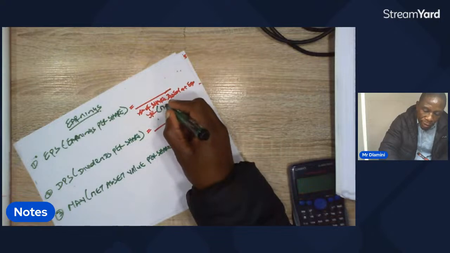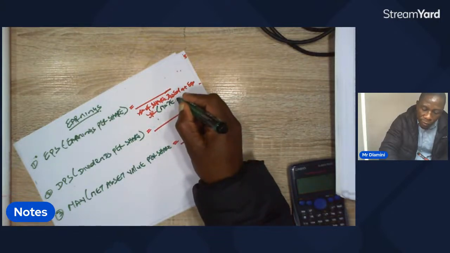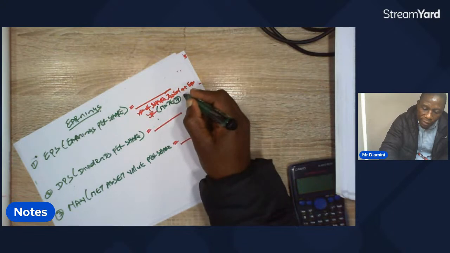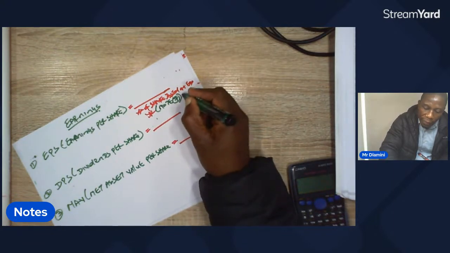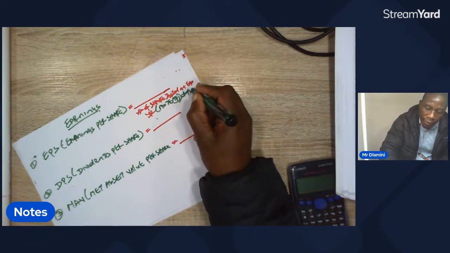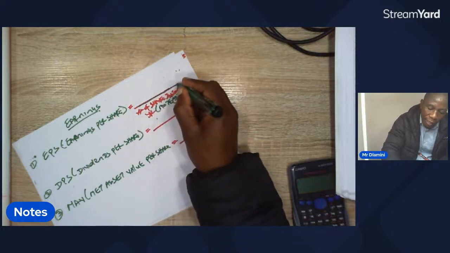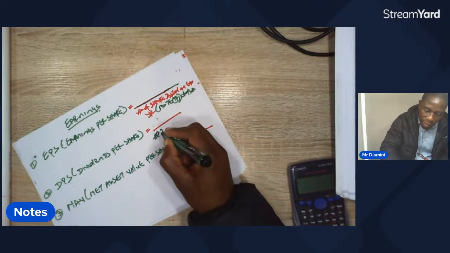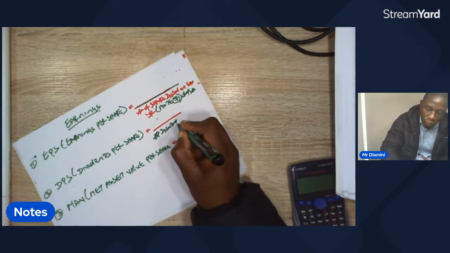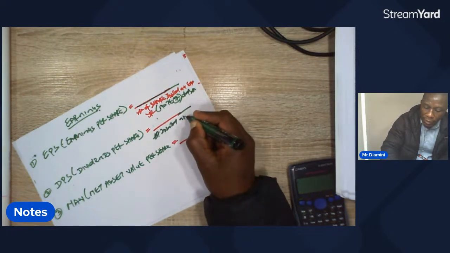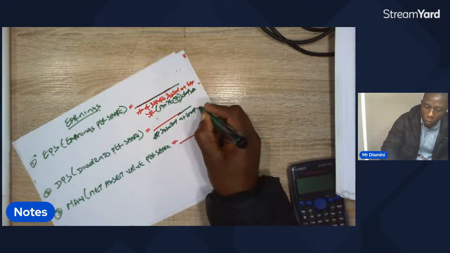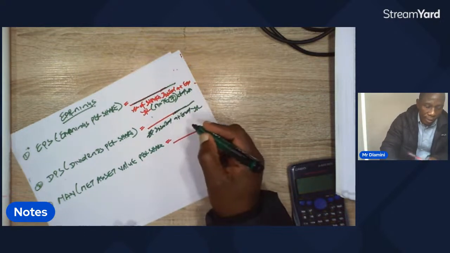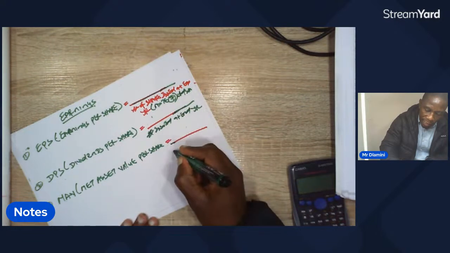Normally we get it at the end of note number 7, ordinary share capital. This is common. It's the same thing: number of shares issued at the end of the year. Now the denominator is the same.